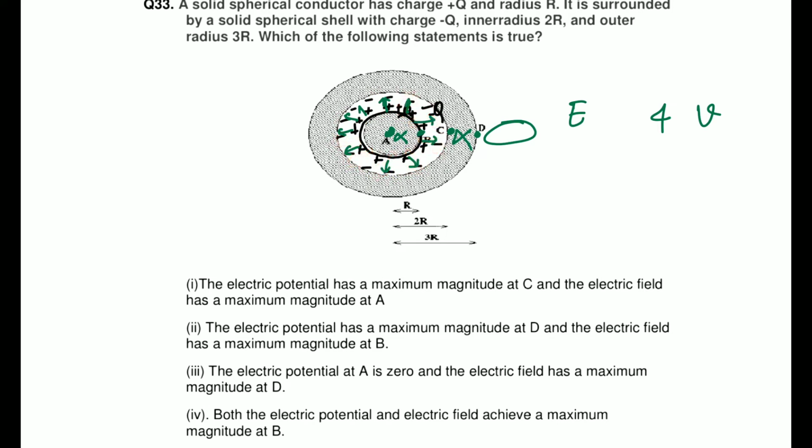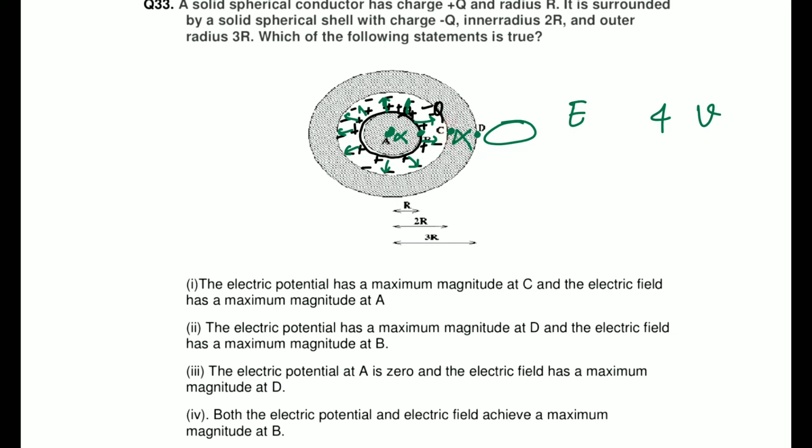If I talk about the magnitude of your electric field, the magnitude will be maximum near the surface. As you move away, the magnitude of the electric field will be less. So I can simply say my electric field will be maximum at point B, because A will not have any electric field.